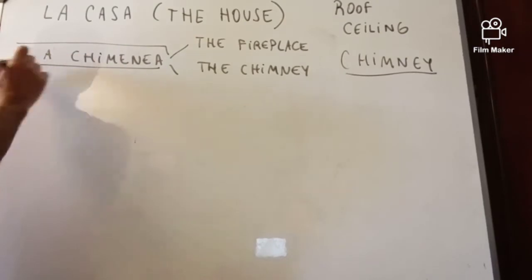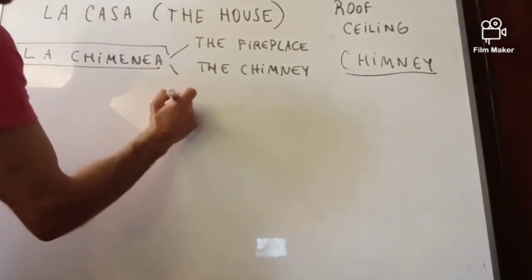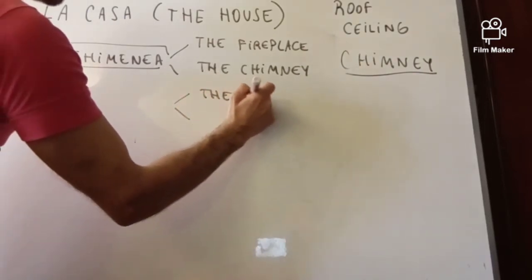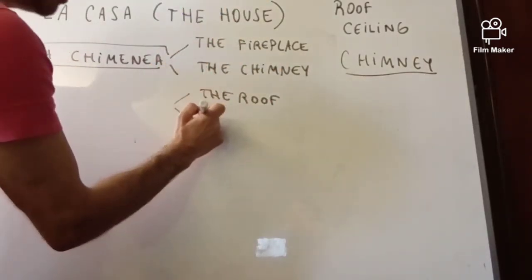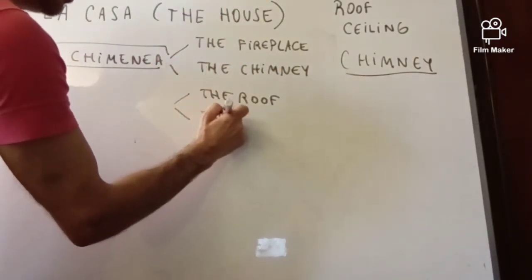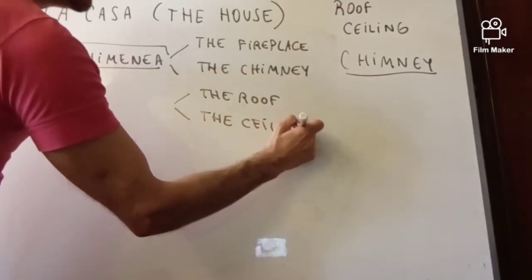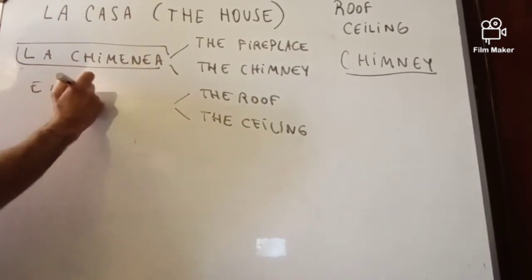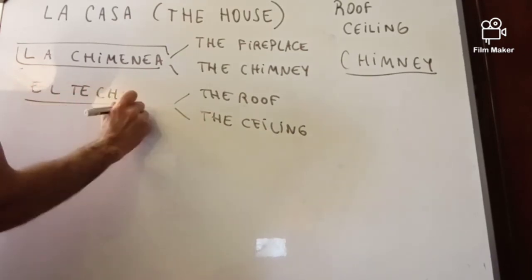La chimenea, it's feminine. And we do the same with your distinction between the roof and the inside part, the ceiling. We generally say el techo.